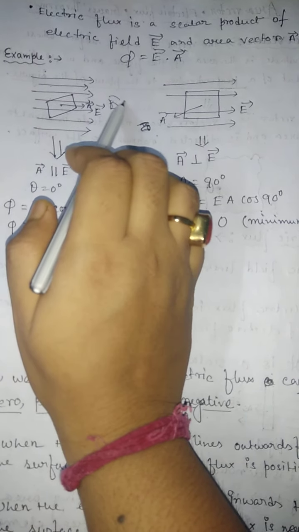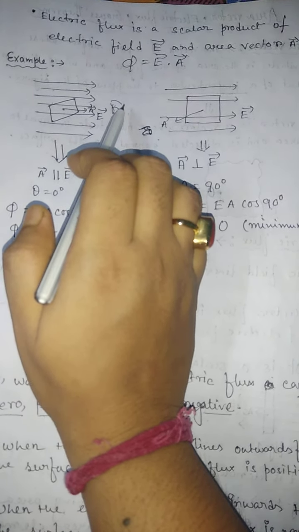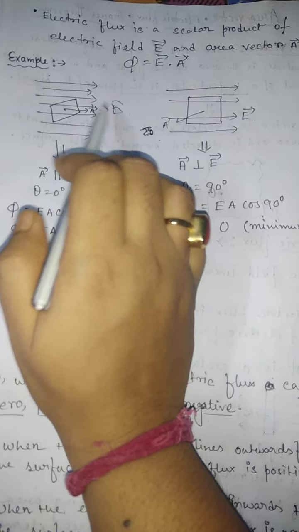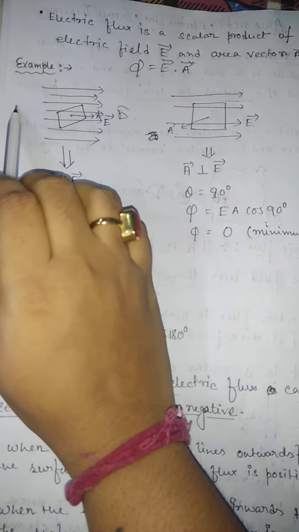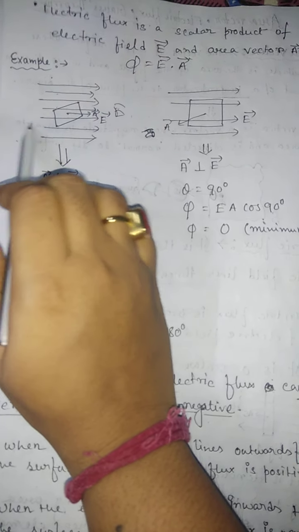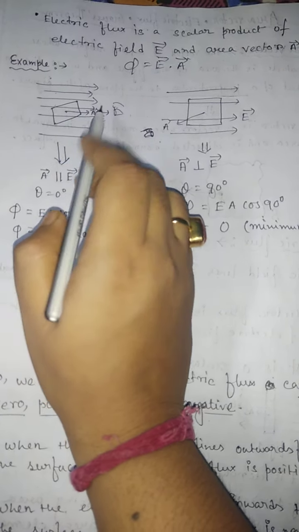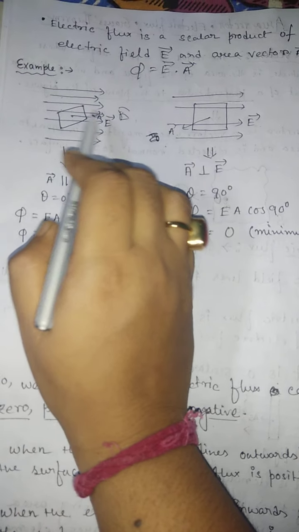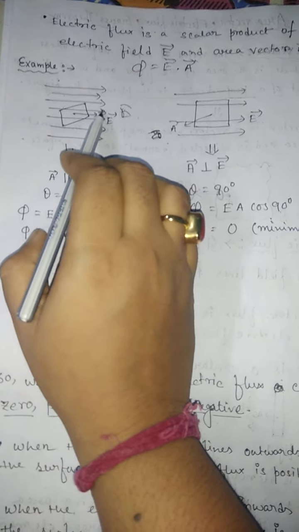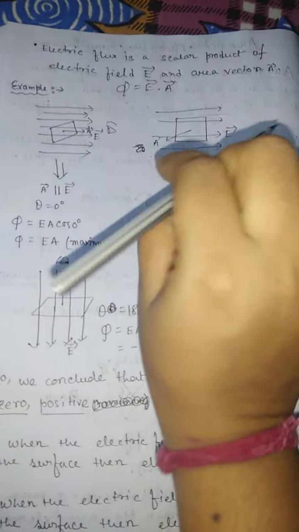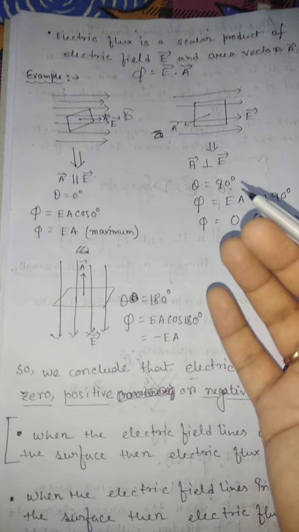Wherever the observer position is, the area vector points towards that observer. If we observe from this side, the area vector points this side. In this case, E and A are parallel to each other, so the angle between them, theta, equals 0 degrees.